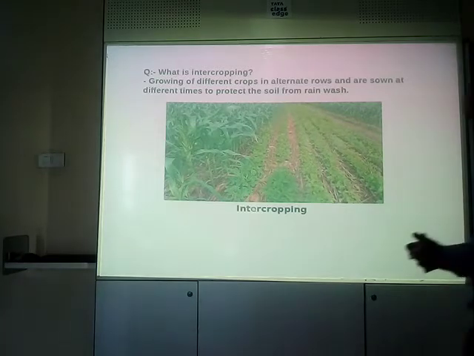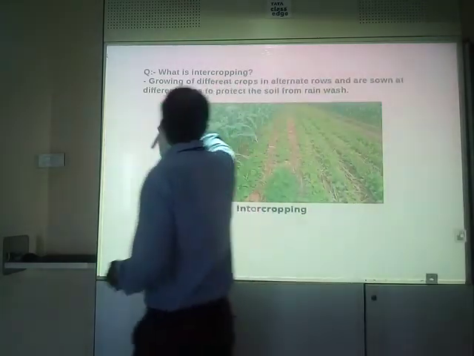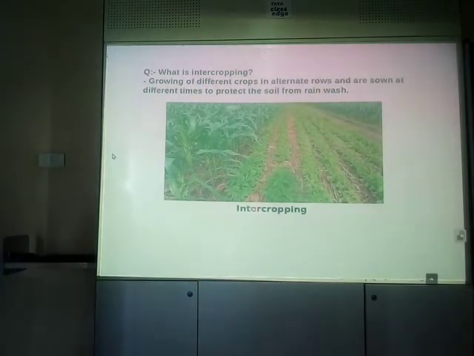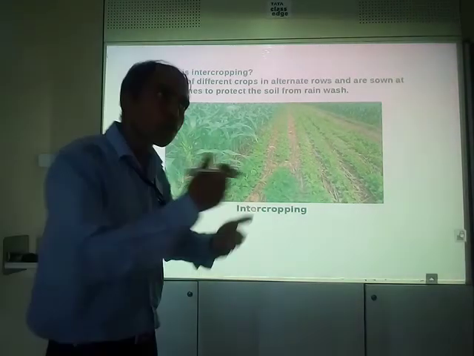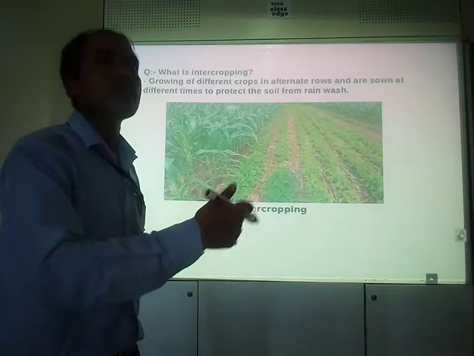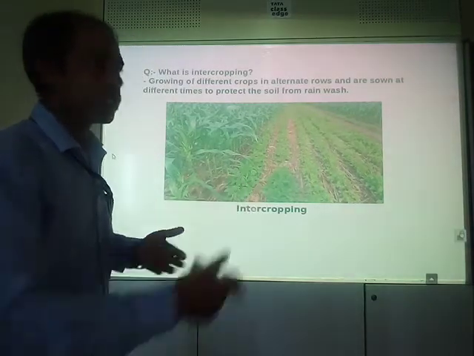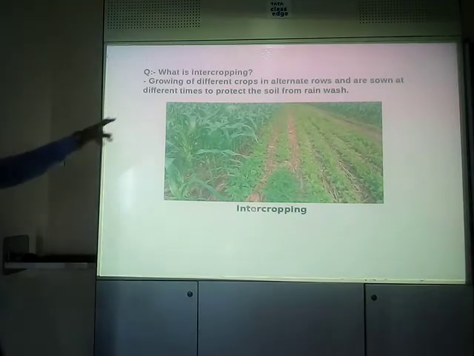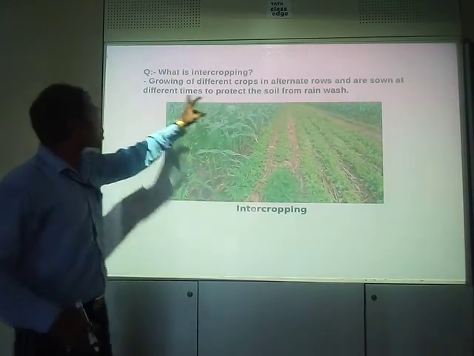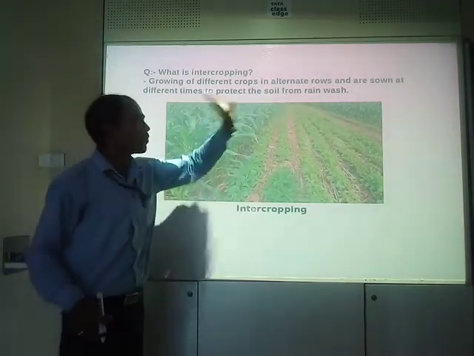And it is sown at different times also, because the crops which need a particular type of season, we will sow that seed or that plantation during that particular period, right? So growing of different crops in alternate rows, sown at different times, to protect the soil from rainwash.